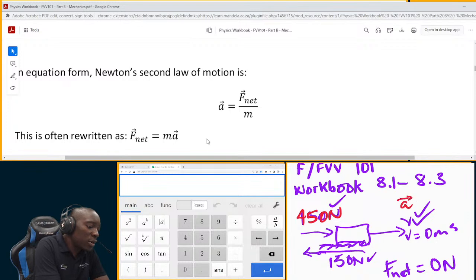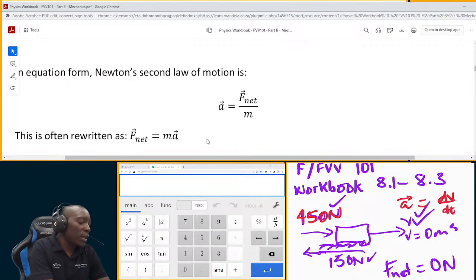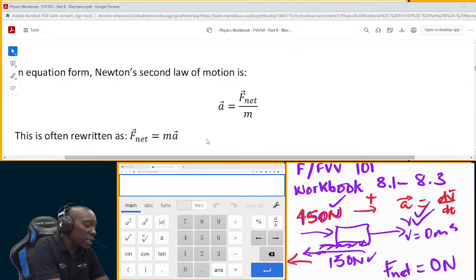Initially this was velocity, but this time we have acceleration, which is change in velocity over time.